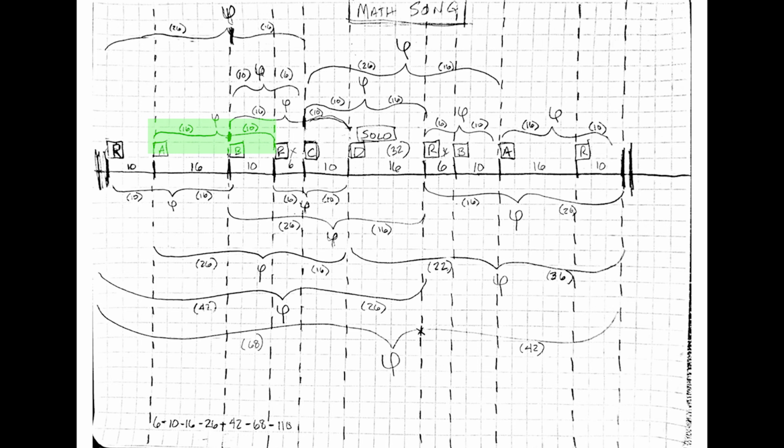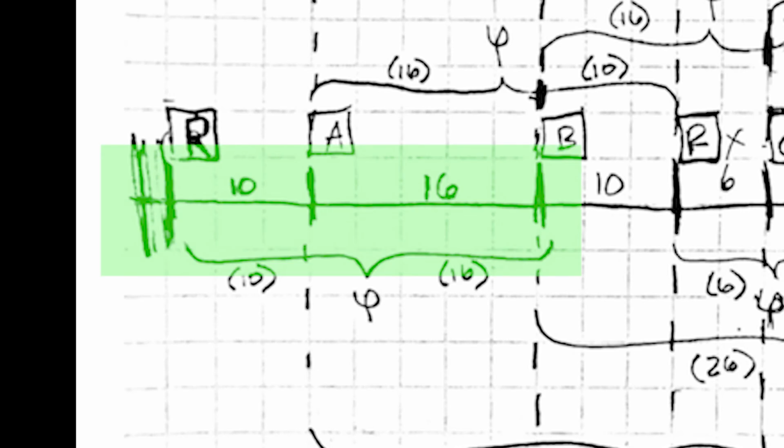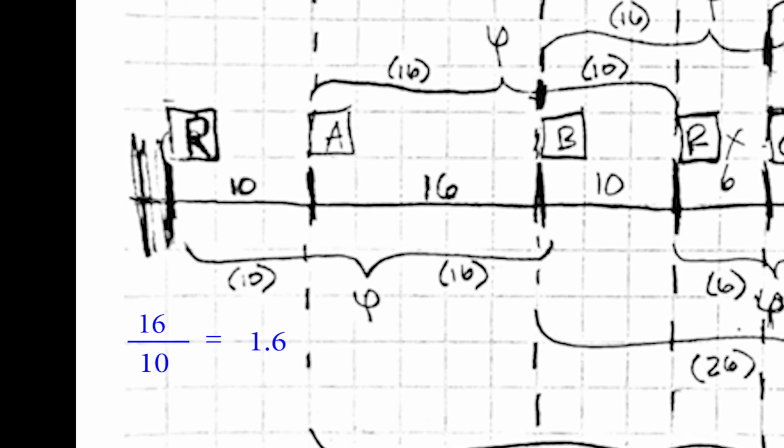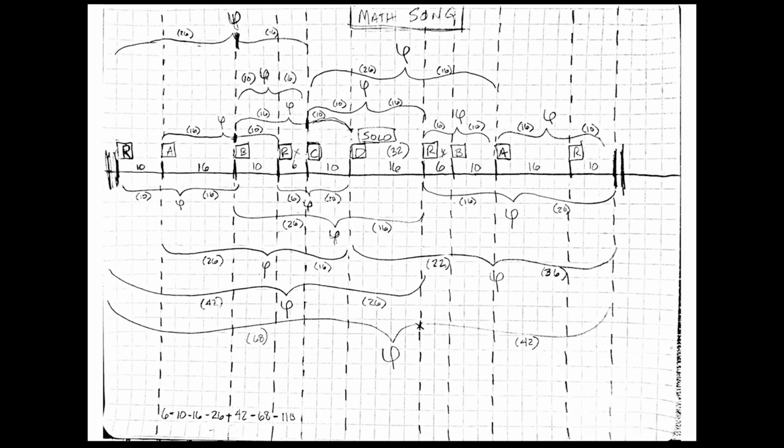And every time you see one of those brackets, that's an occurrence of the golden ratio. So for example, the first 2 sections, we have 10 measures and 16 measures. Well, if you divide 16 by 10, that gives you 1.6, and the golden ratio is 1.618. So every place, like I said, every place you see one of those, that's an occurrence of the golden ratio.